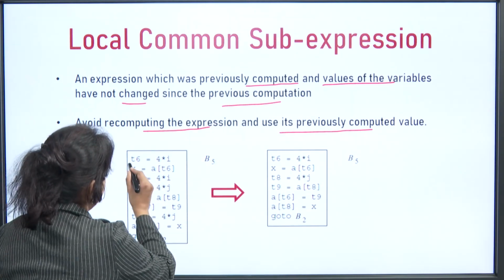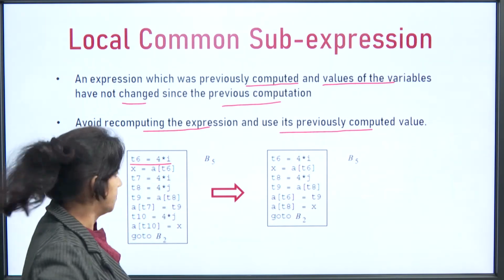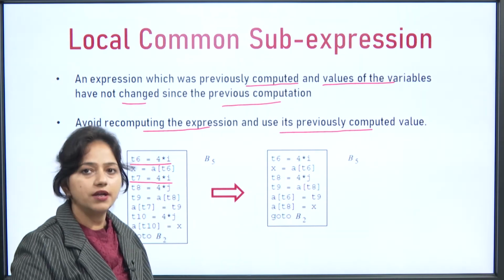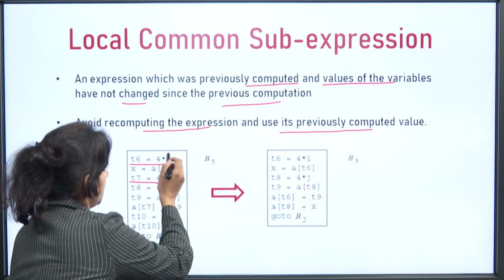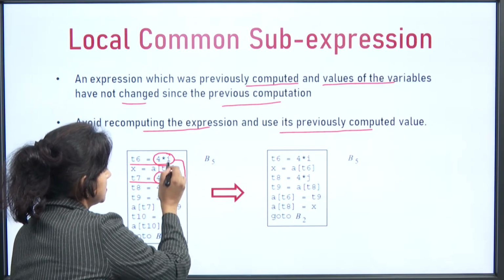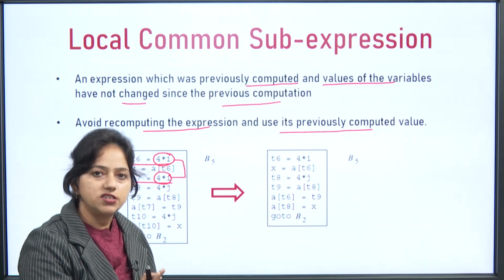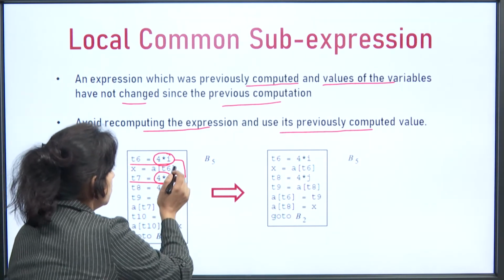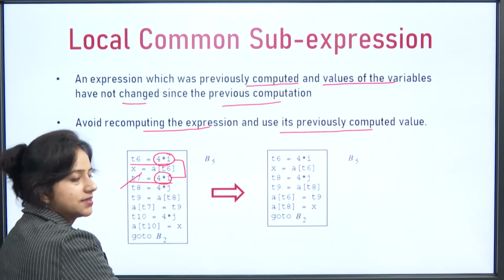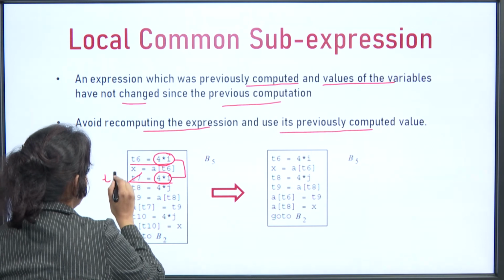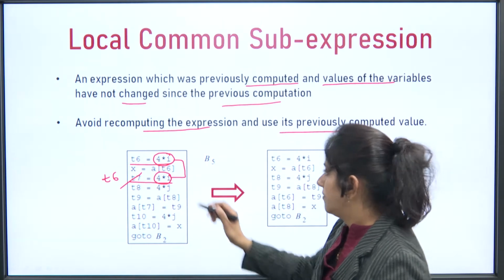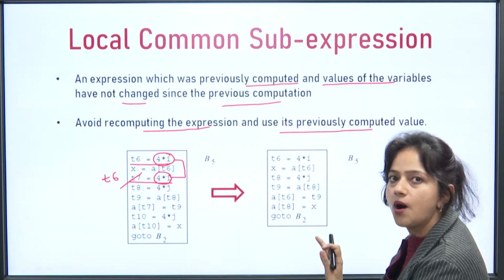In B5 we have T6 is equal to 4 into i, and then further statements. Here we have T7 is equal to 4 into i. We are computing 4 into i twice, and in between, the value of i is not changed. So there is no need to recompute T7; we can eliminate T7, and wherever T7 is required we can directly use T6.